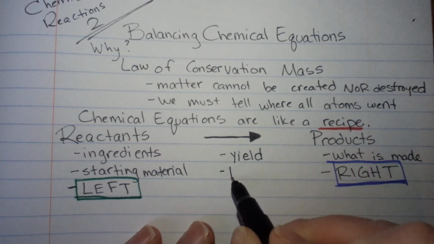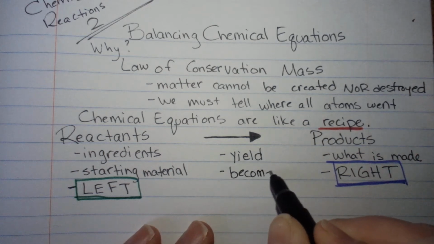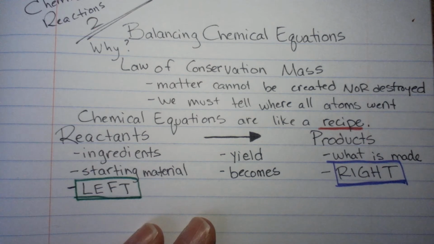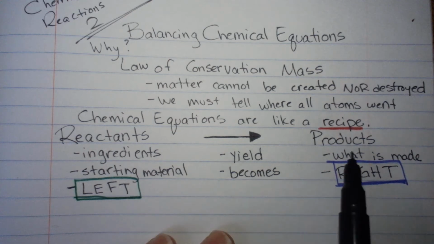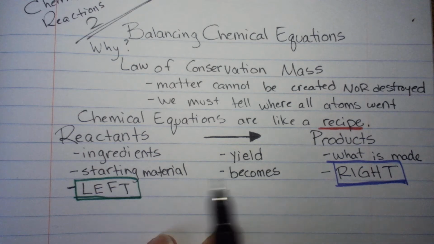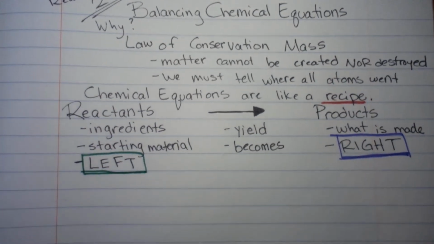You could also say becomes, or reacts with, or so reactants go to products. Ingredients yield what is made. Okay. Starting material becomes something else. Okay, so that's how you would read that.